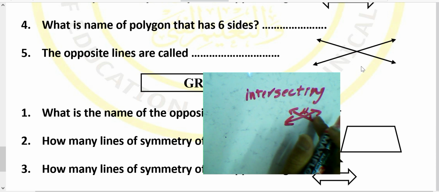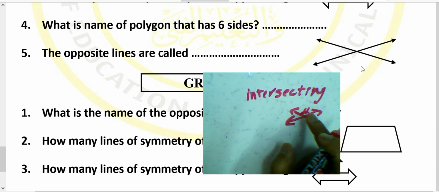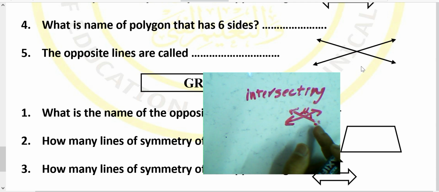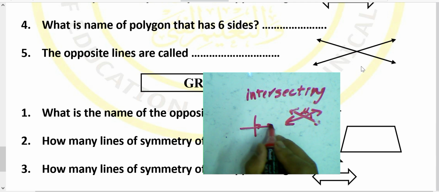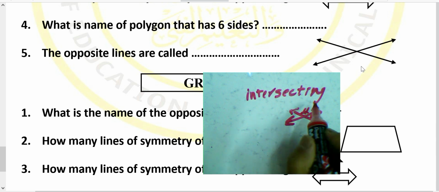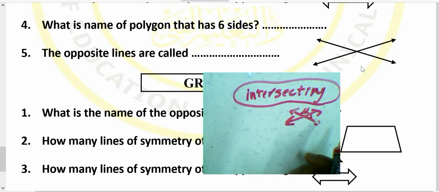We have two supplementary angles, and the sum of them equals 180. First acute and second obtuse, or the inverse, obtuse and acute. But if the angle between them equals 90 degrees, we call it perpendicular. Okay, so these two straight lines intersect at one point, and we call it intersecting.